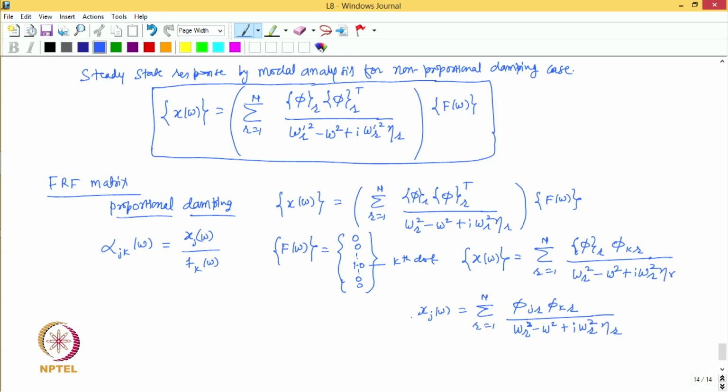And this is nothing but the frequency response function alpha j k, because it represents the steady state response amplitude at the jth degree of freedom due to a unit harmonic force applied at only the kth degree of freedom.